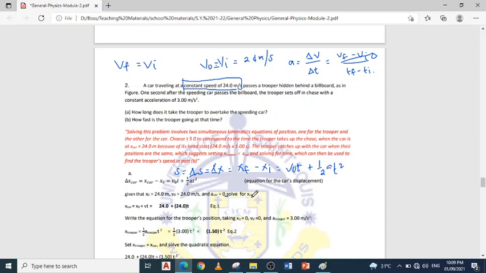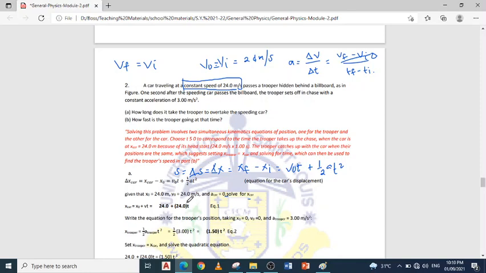So we can solve for distance traveled ni car by substituting to our formula. Okay? So, x car, yung distance traveled ni car is equal to x sub 0 plus vt.